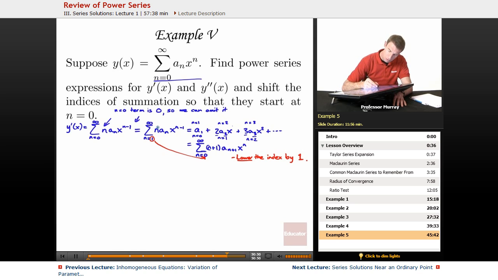And then all the n's in the formula got raised by 1. So that n turned into an n plus 1, the n in the subscript turned into an n plus 1, and the n minus 1 turned into an n. So to fix that, you raise the n's in the formula by 1.